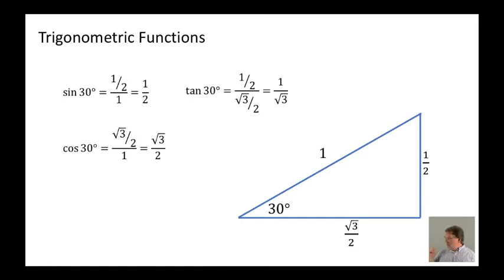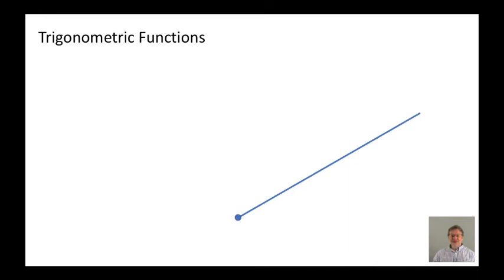It's also going to cancel out that 2 underneath the square root of 3 there, and so we're just going to have 1 on top and square root of 3 on the bottom. 1 over the square root of 3 is the tangent of 30 degrees. We can proceed on from there.